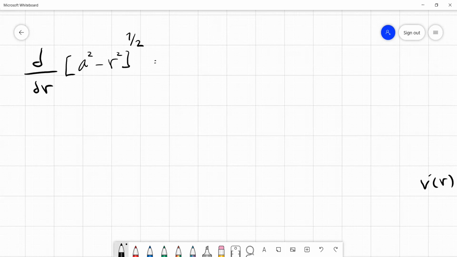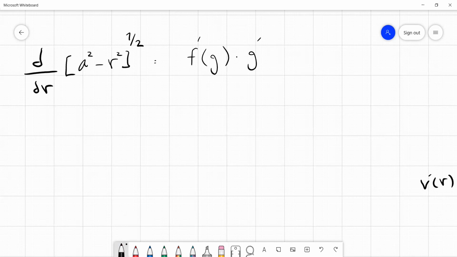Okay, so this will need the chain rule to be applied to it. So what we will need to do is use this formula: f prime of g times g prime. So we need to allocate f and g to this expression.